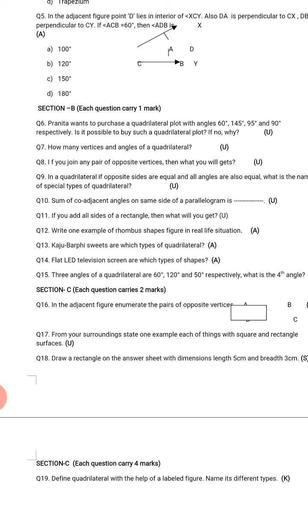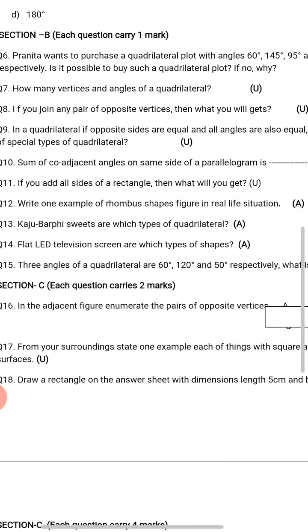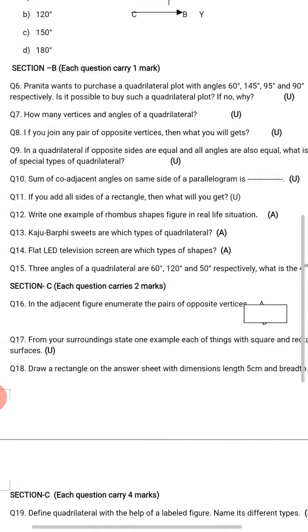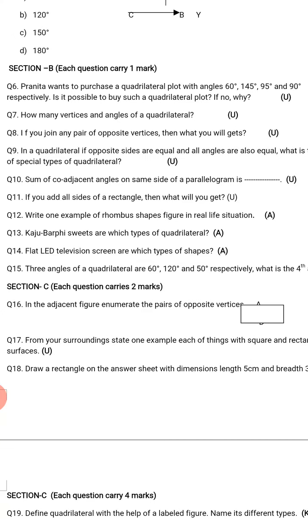In the adjacent figure, enumerate the pair of opposite vertices. They will write: A opposite to C and B opposite to D. So they will just write that.